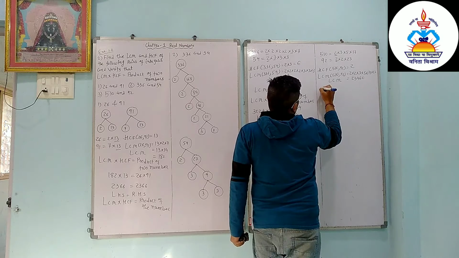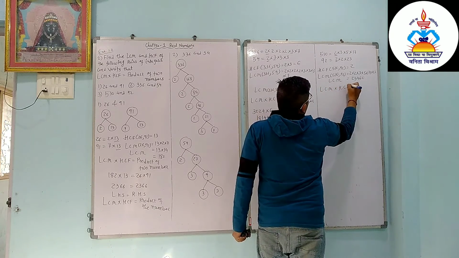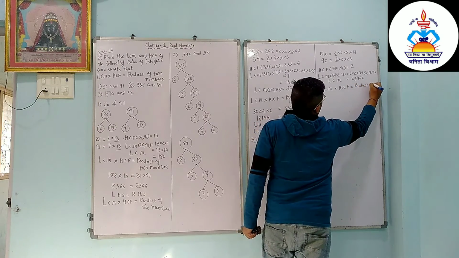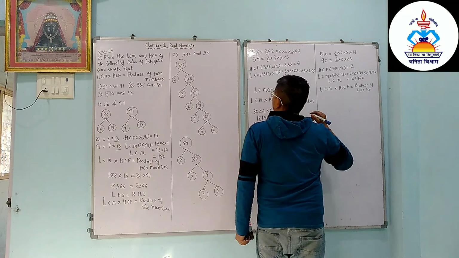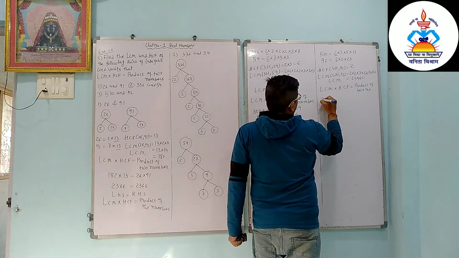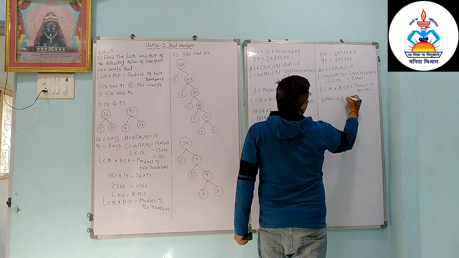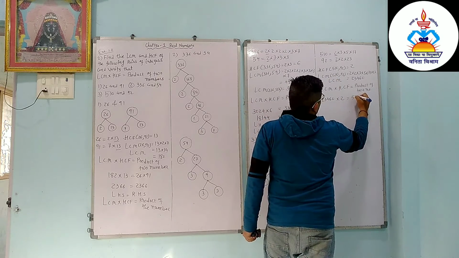Now we have to prove that LCM into HCF equals product of two numbers. So LCM we have 23460 into HCF 2, and two numbers we have 510 and 92.